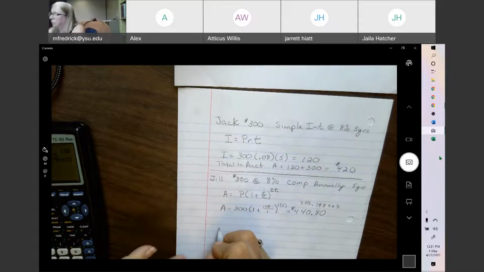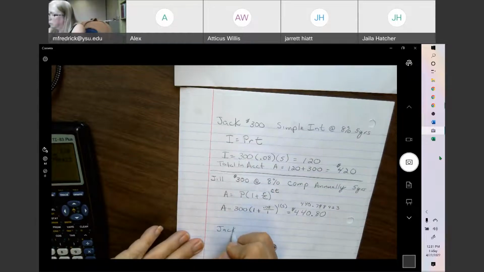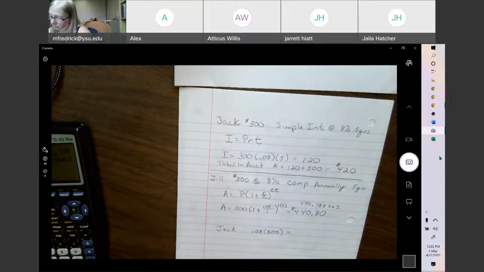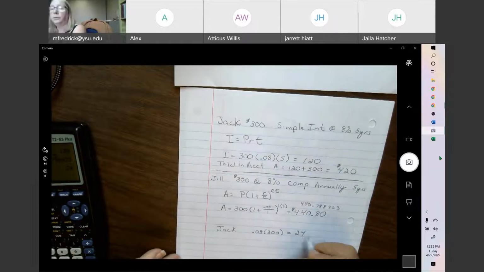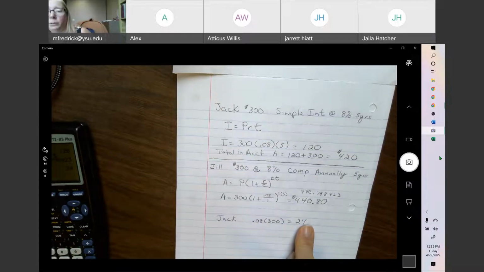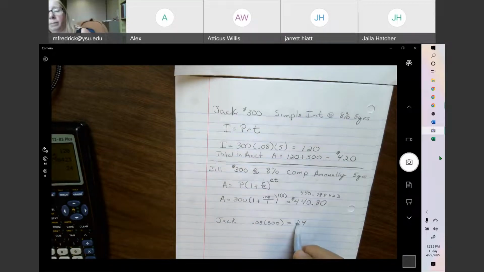So Jack makes 8% of the $300. So $24. The next year, he still makes $24. He doesn't make interest off of the money that he made. It's the same amount each time.